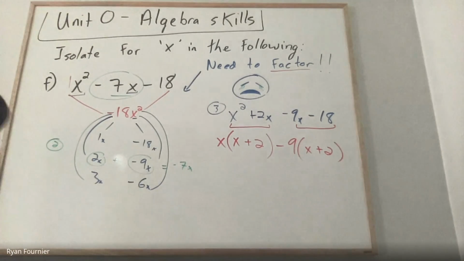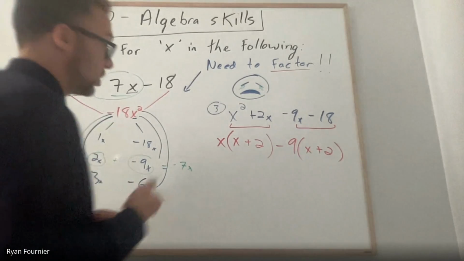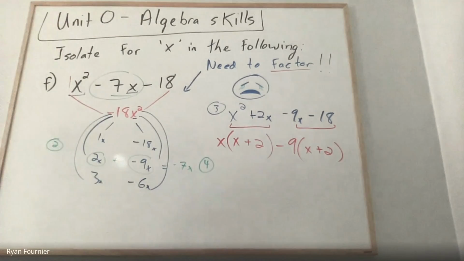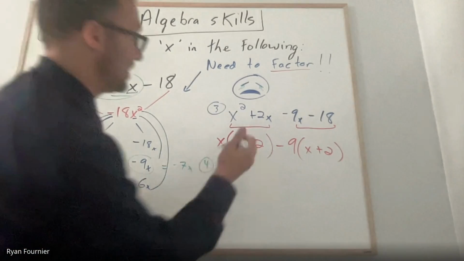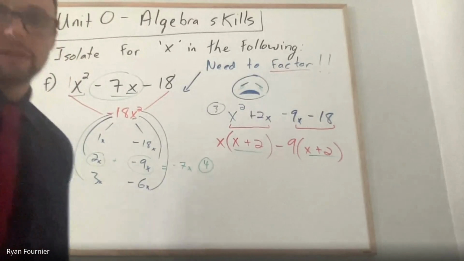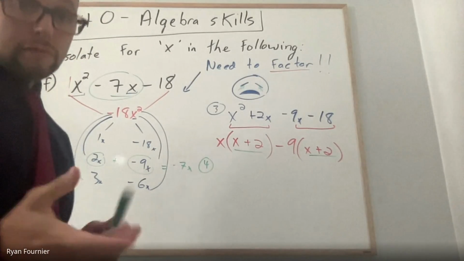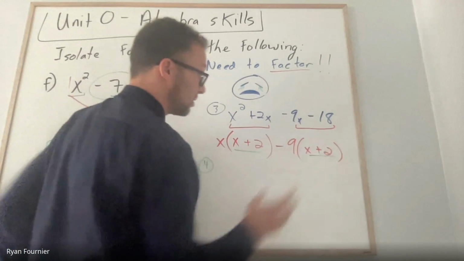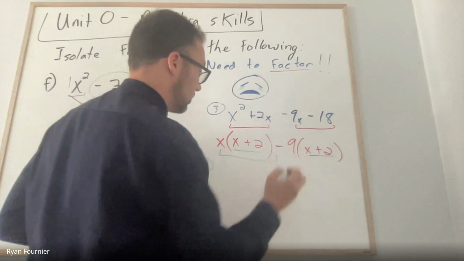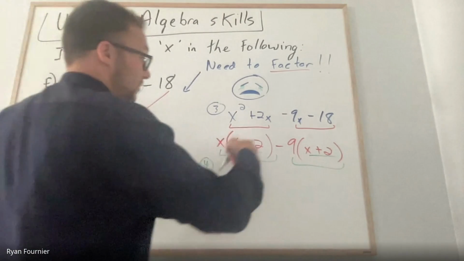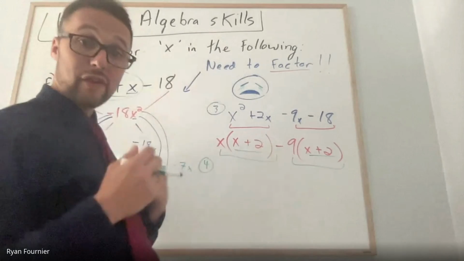The final step. Does anybody remember where to go from here? Fourth part here. I can see that there's something that shows up twice. Anybody know? Now each of these terms, because this is one term and this is another term, each have x plus 2 in common. So you can actually factor that out.